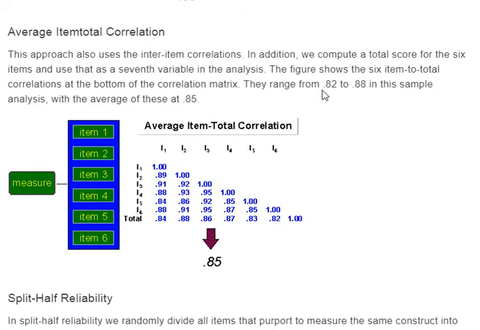They range from 0.82 to 0.88 in this sample analysis, with the average of these at 0.84.